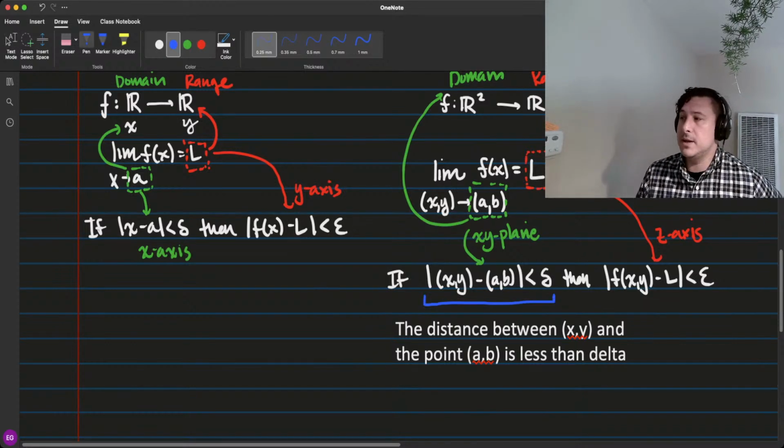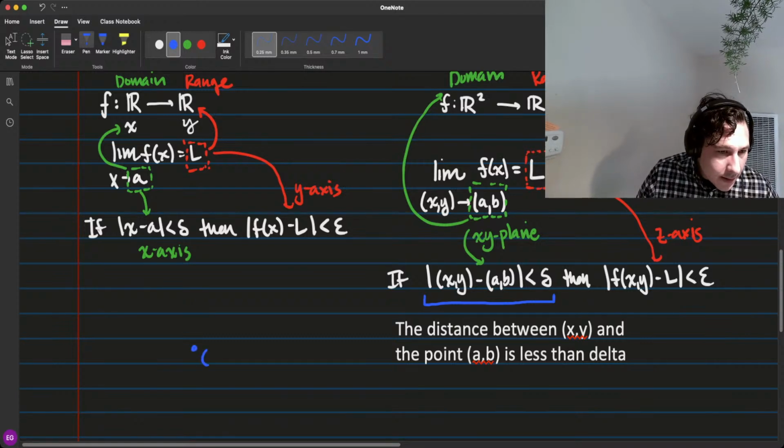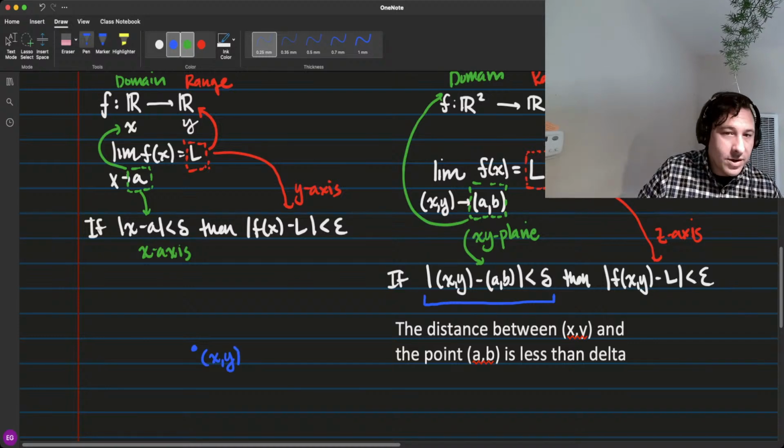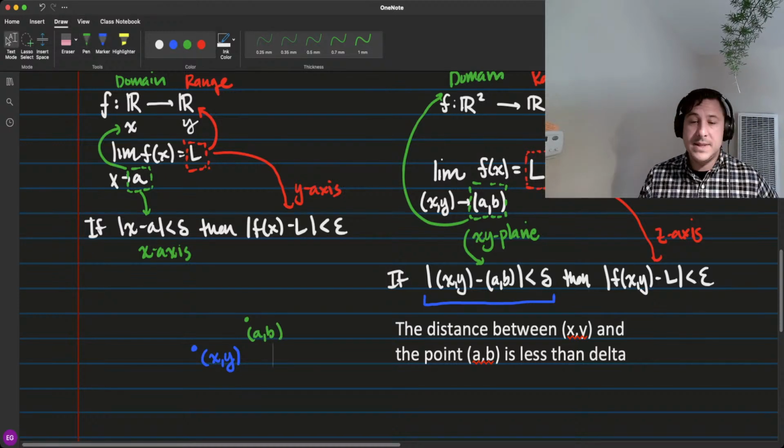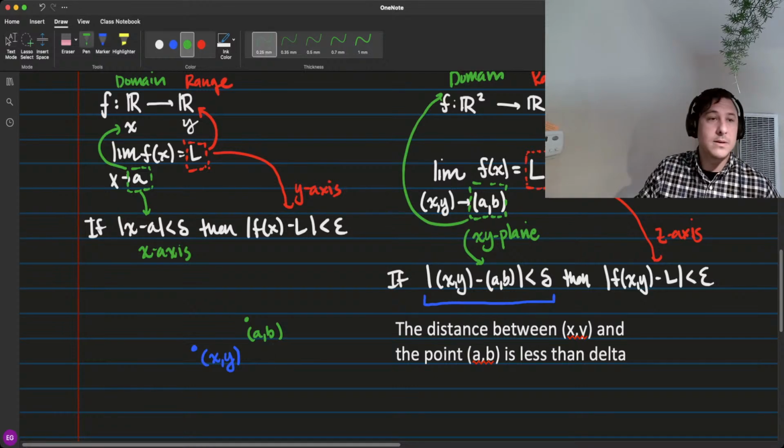or actually, let's just talk about what all this is. So we have a point x comma y, and we have another point a comma b. Now, I'm telling you how far away at most those two points are.